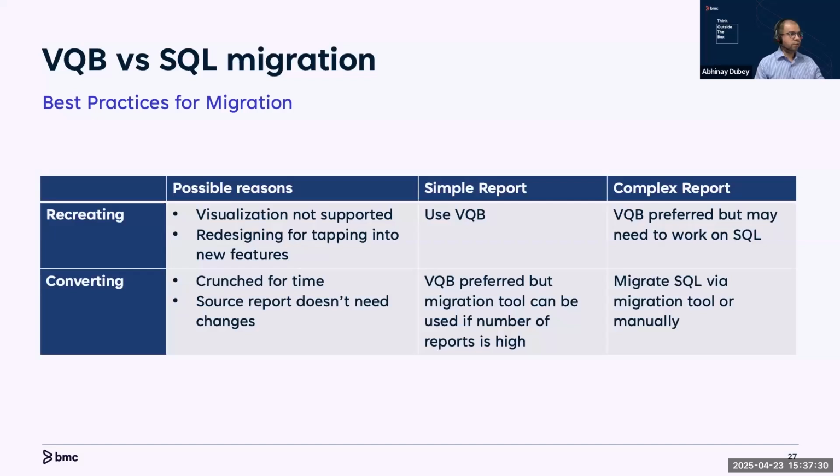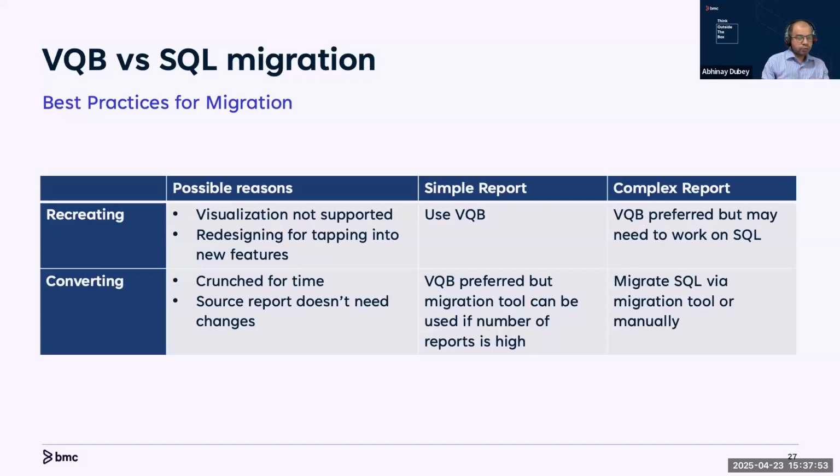You don't need any changes that we talked about for the recreate use case. In these two cases, again, depending on the complexity of the report, we can pick one approach or the other. If it's a simple report and you're converting as is, we'll still recommend Visual Query Builder.